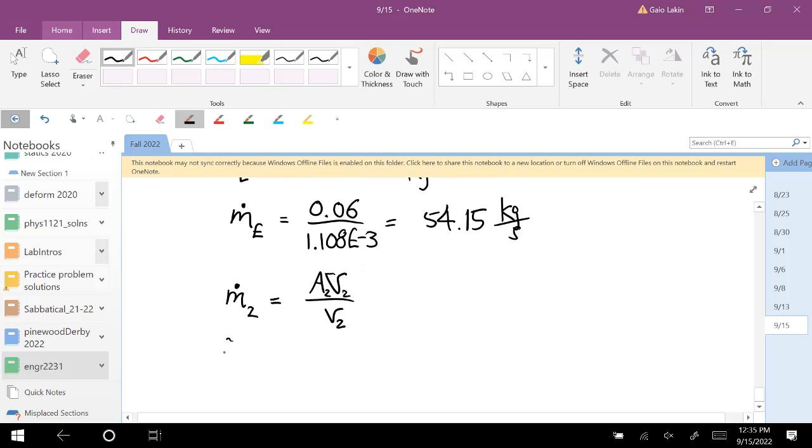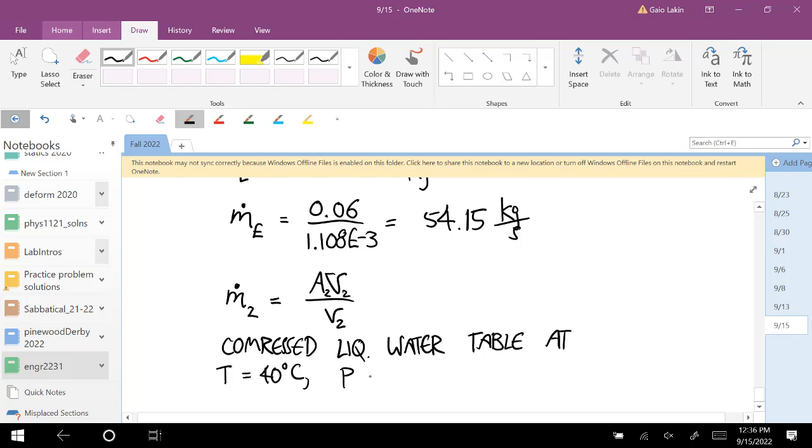We can look that up in the compressed liquid water table, at the temperature that's given of 40 degrees Celsius and the pressure that's given of 7 bar.